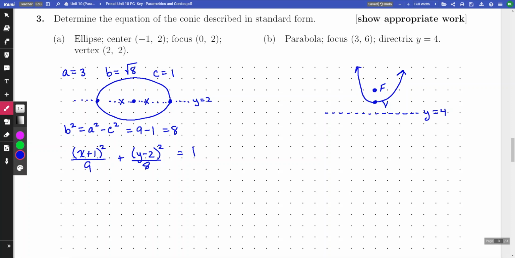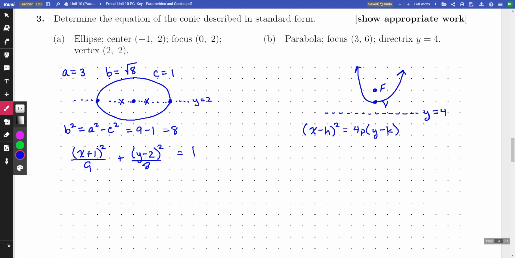So what does that mean for me? That means that the form of my parabola that's opening upwards is going to be (x minus h) quantity squared is equal to 4p times (y minus k). So I need to be able to figure out my vertex.